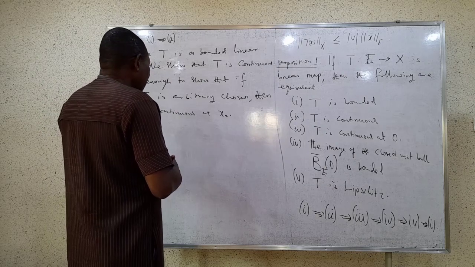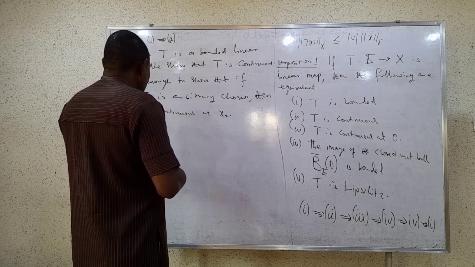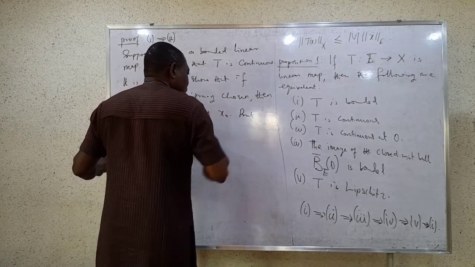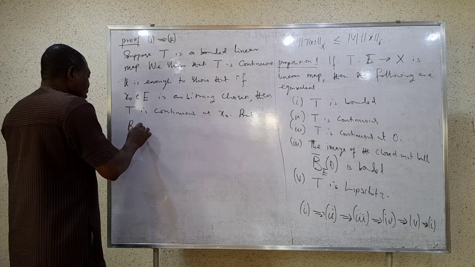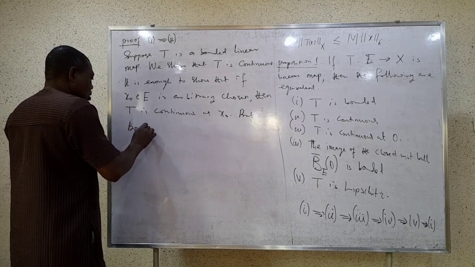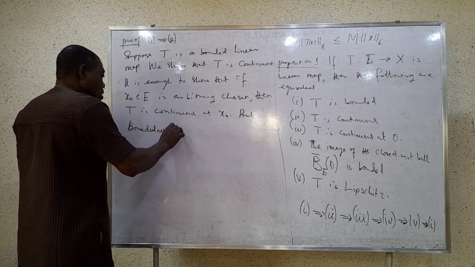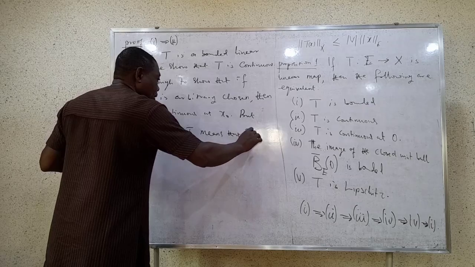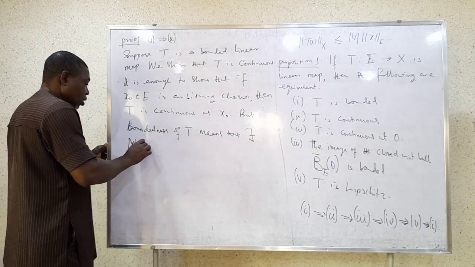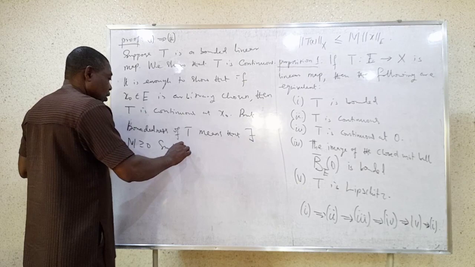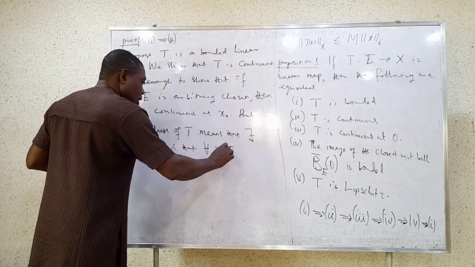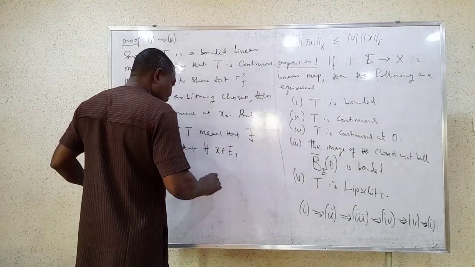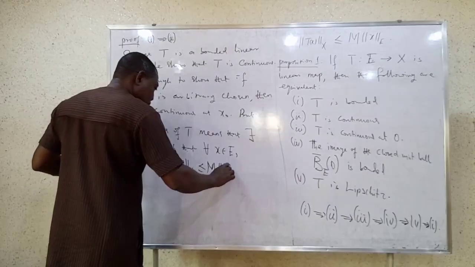Now, boundedness of T means that there is a constant m greater or equal to 0 such that for any x in E, the norm of T of x is less than or equal to m times the norm of x.